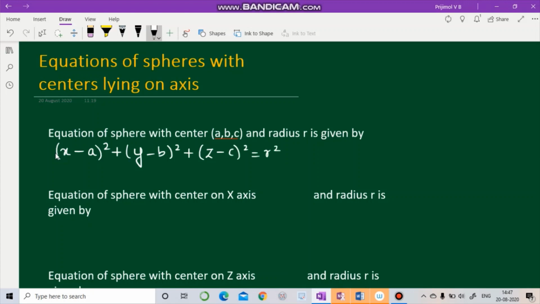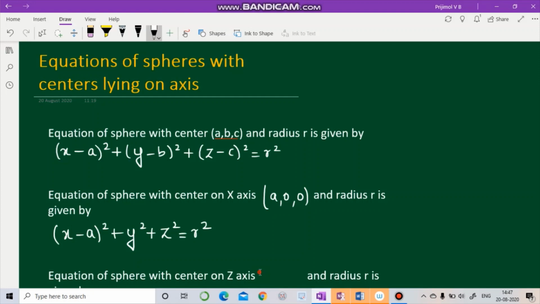Now the second equation is where the center is on the x axis, that means there is no y value and z value. So a, 0, 0. So the equation will be (x minus a) whole square plus y square plus z square equal to r square.